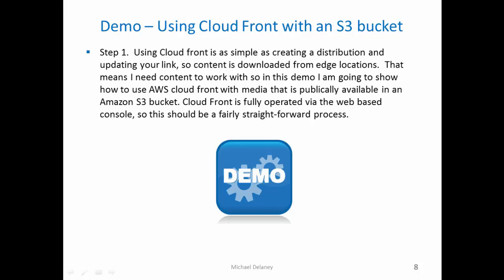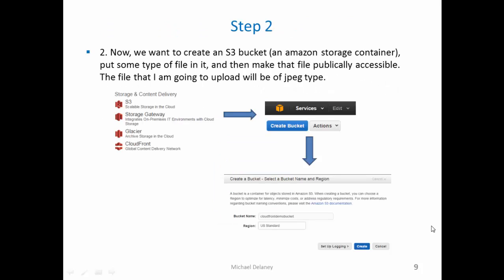Using CloudFront is fairly simple because CloudFront is operated via the management console. So the first thing I'm going to do is go through the scope of what's going to happen on the PowerPoint slides, and then I'm actually going to demo it in the management console. This covers step 2, which is creating the S3 bucket, an Amazon storage container.